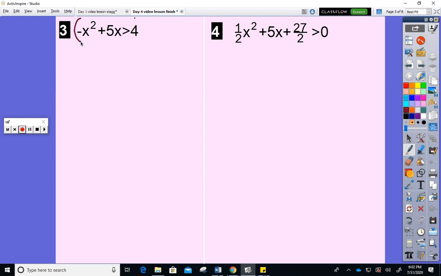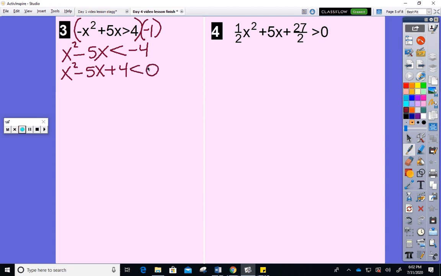So let's start there. If you multiply everything by a -1, we wind up with x squared minus 5x. I'm multiplying by a negative, so flip the inequality, and -4. Then I have x squared minus 5x plus 4 is less than 0.